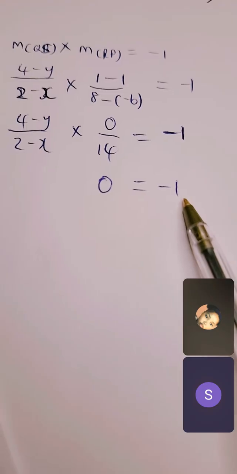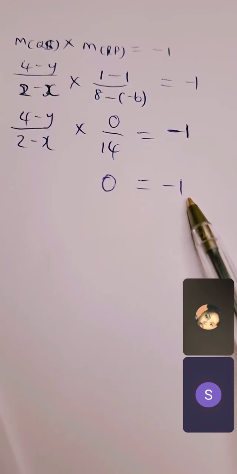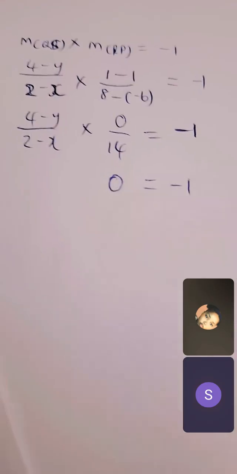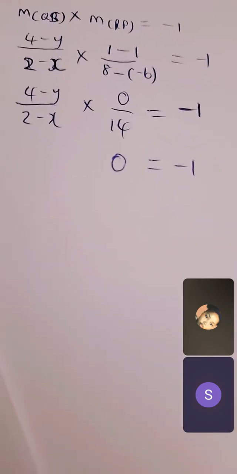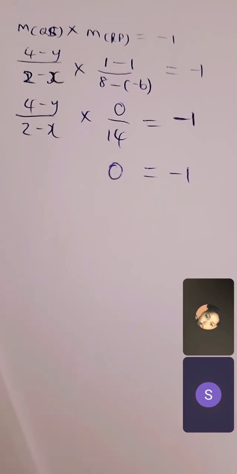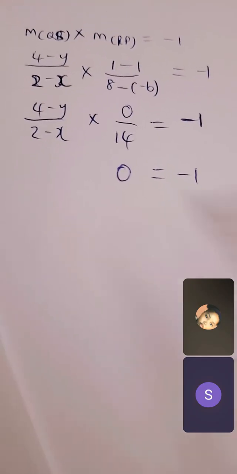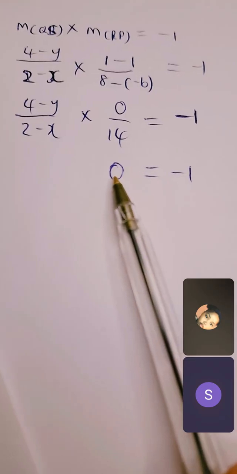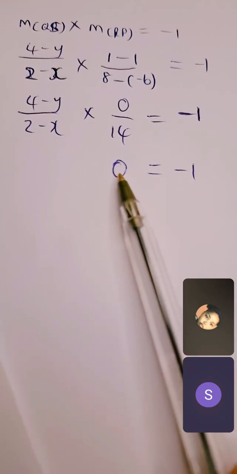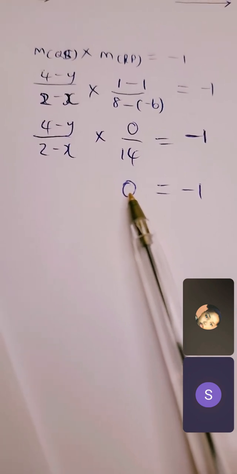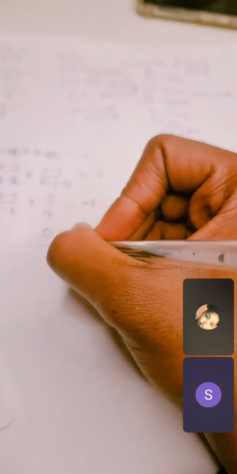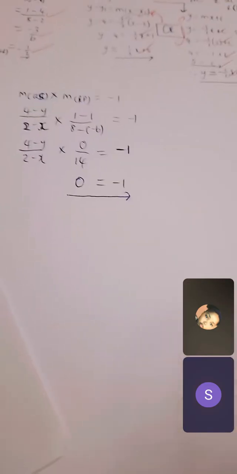We are left with 4 minus y times 14 because we cross multiply. So there's something I want you guys to see by this. This basically means there's no solution, right? Yes.